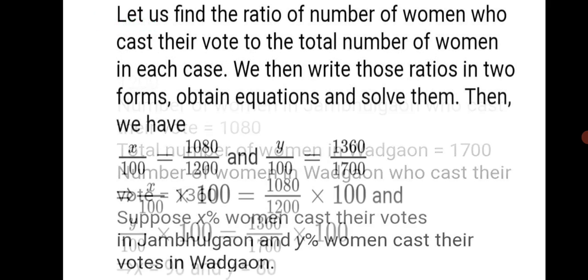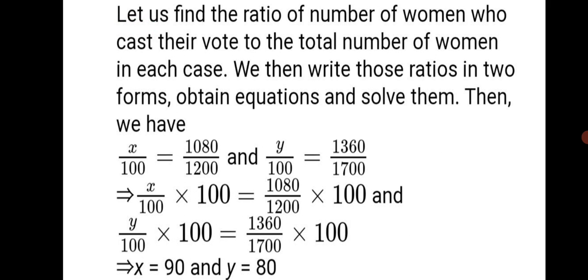Now let us find the ratio of the number of women who cast their vote to the total number of women in each case. We then write the ratios in two forms. So we have x upon 100 is equal to 1080 upon 1200 and y upon 100 is equal to 1360 upon 1700. So now we will work it out.